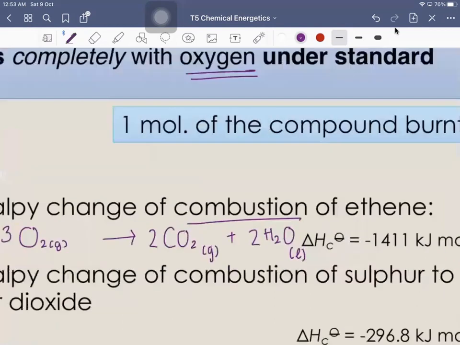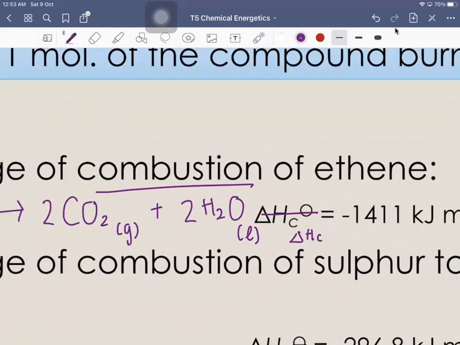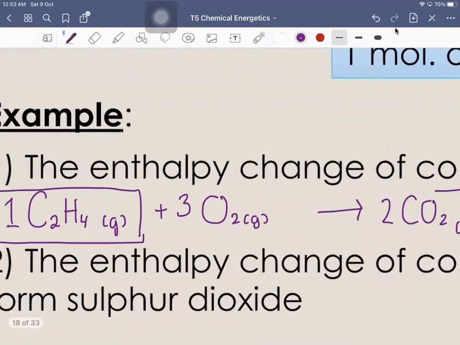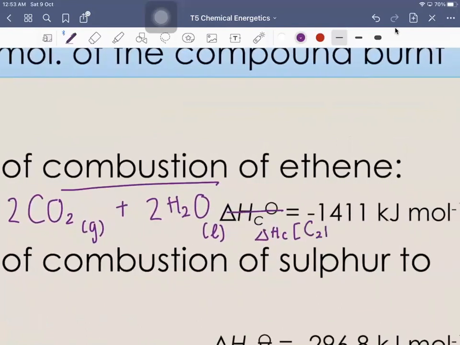When you write down the enthalpy change symbol, you should be writing down the substance burnt. Okay, so it's the enthalpy change of the combustion of C2H4 is negative 1,411 kilojoules per mole.